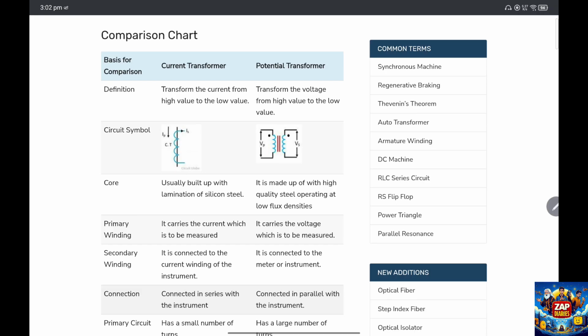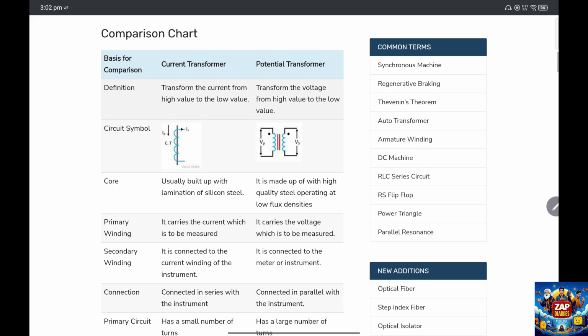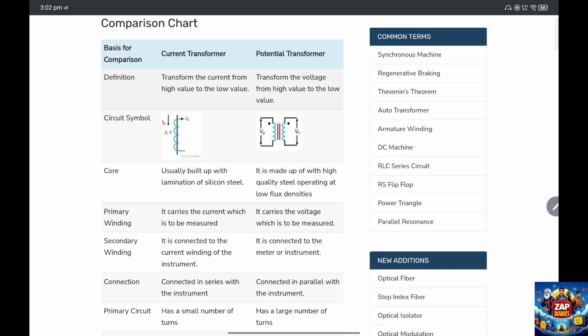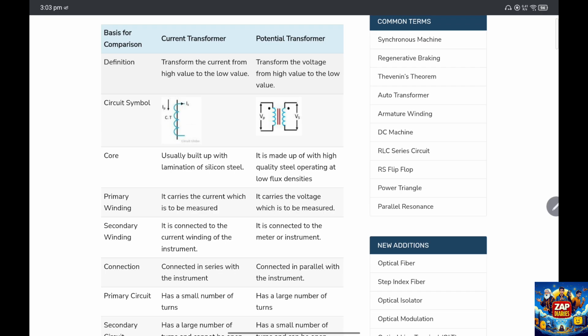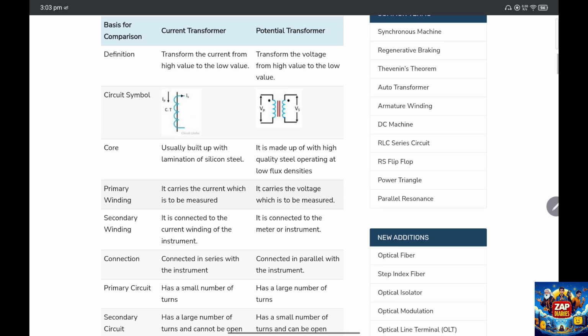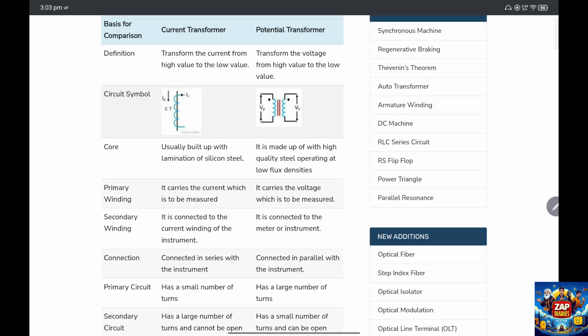Starting from the definition, a current transformer transforms current from a high value to a low value, and in the potential transformer, the voltage is transformed from a high value to a low, measurable voltage, say up to 110 volts. Here we have the circuit of the CT. It's basically a line diagram, and here we have the PT.